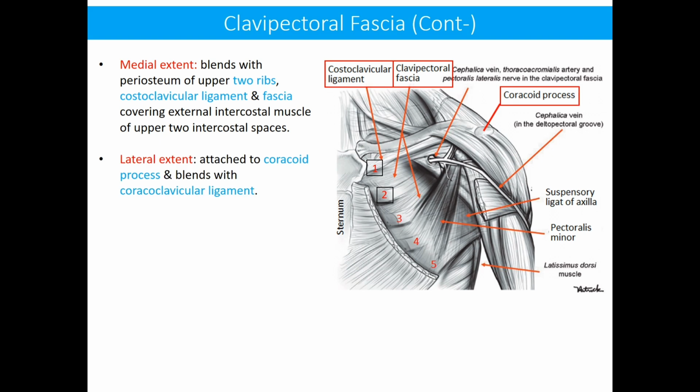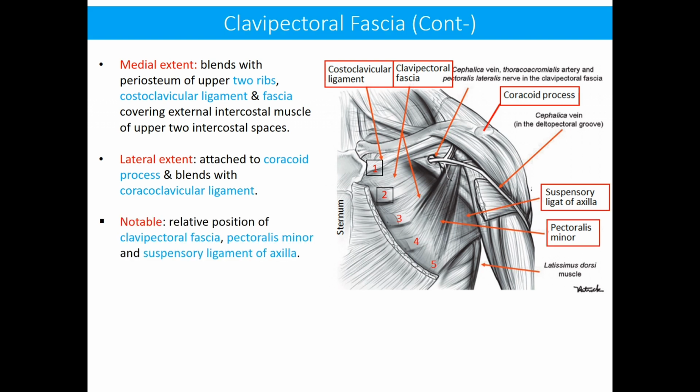At its lateral extent, it is attached to the coracoid process and blends with the coracoclavicular ligament. In this diagram, notable points are the relative position of clavipectoral fascia, pectoralis minor, and the suspensory ligament of axilla.